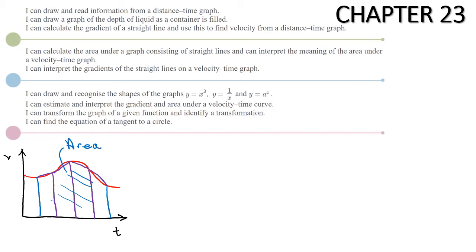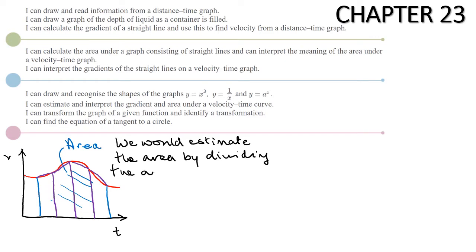So in a velocity time graph like this, where it's not straight lines, we would estimate the area by dividing the area into strips, which are trapeziums or trapezia, which is the plural for trapezium.